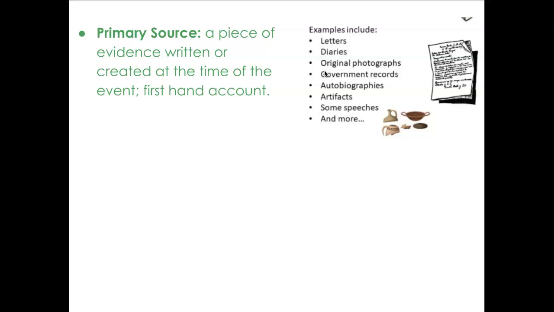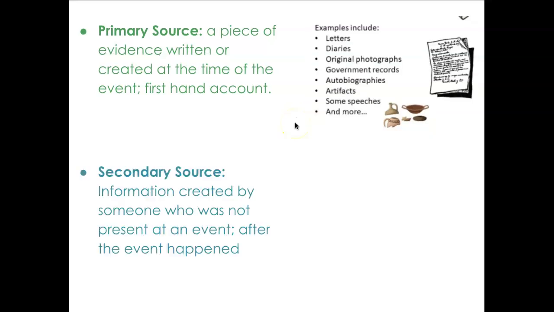It would have my name that becomes my government name. So all of that would be considered an official record or document that shows that I exist and that I was born. And so that would be a primary source.